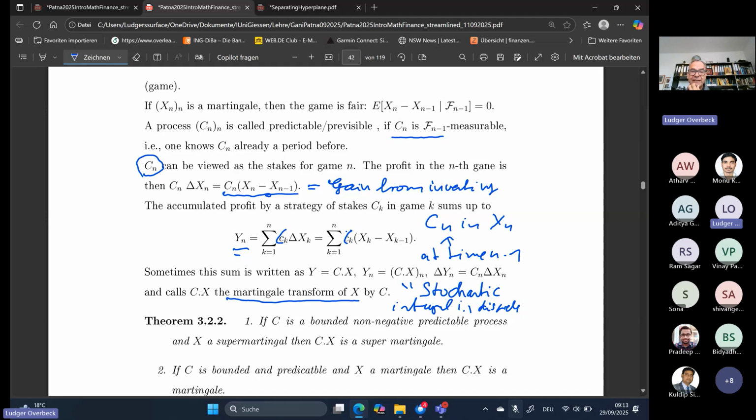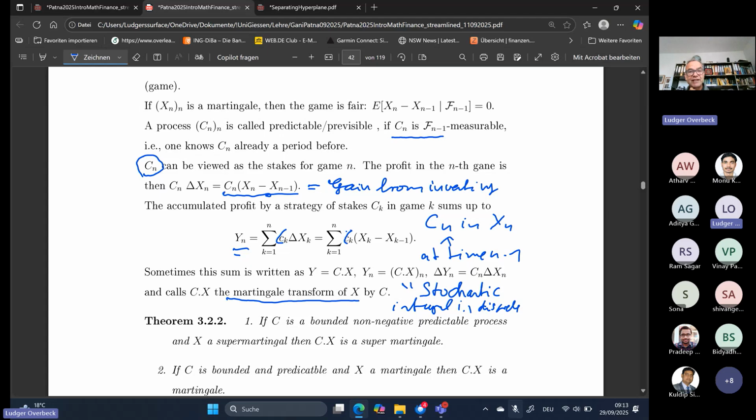The nice thing about it, and that's why I also mentioned this before, is that the value process, or the discounted value process, of your hedging strategy will also be a martingale.